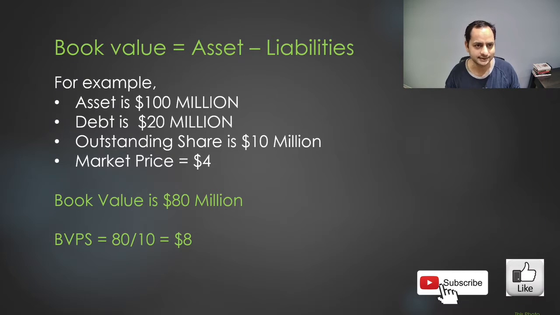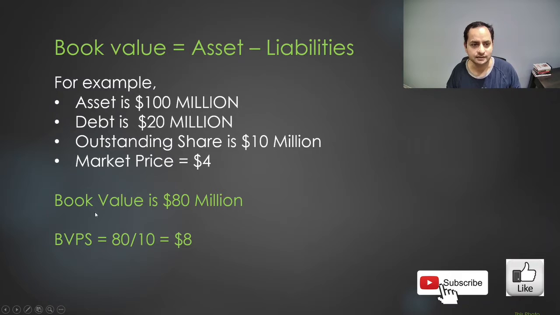For example, let's take assets of 100 million, and if we subtract the debt from the liability side, it's $20 million in debt. And we're assuming the shares outstanding are 10 million and the market price for that security is $4.